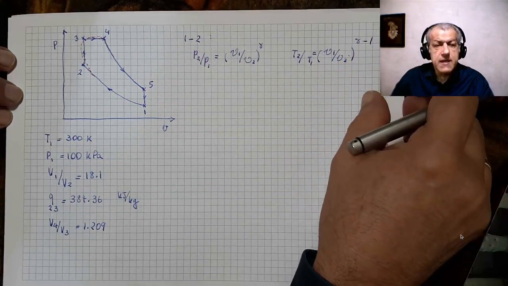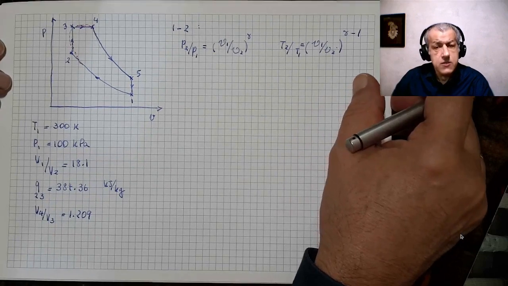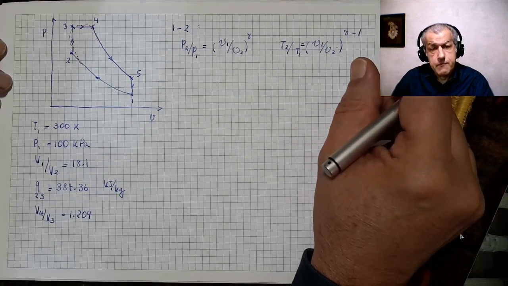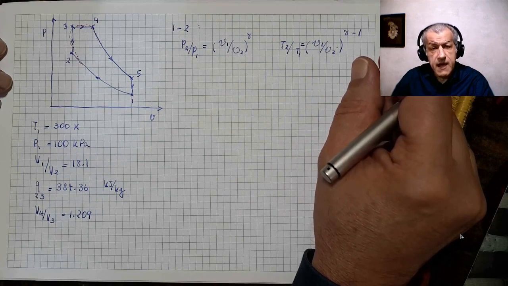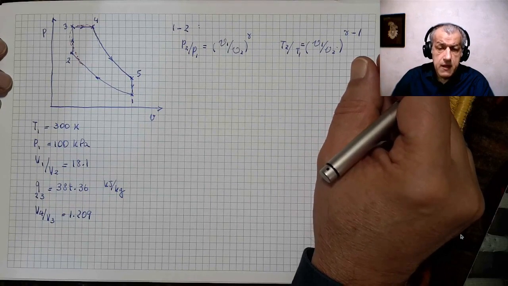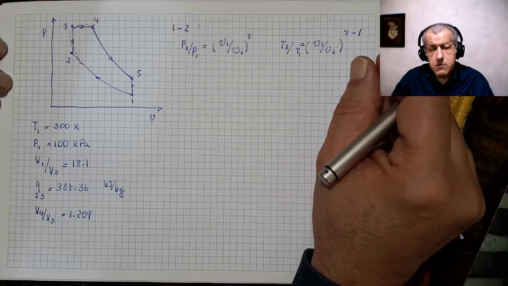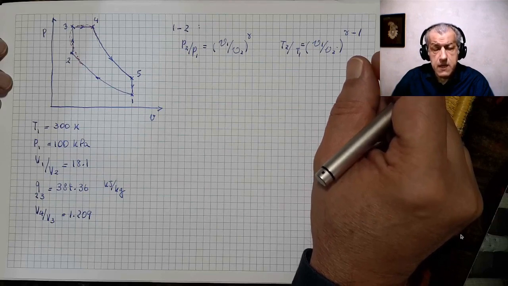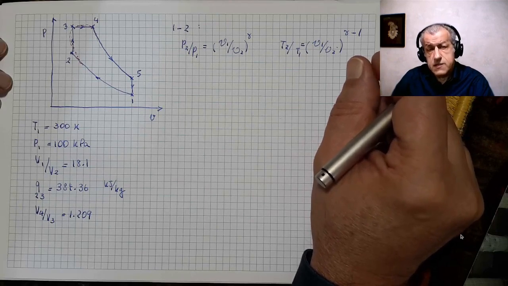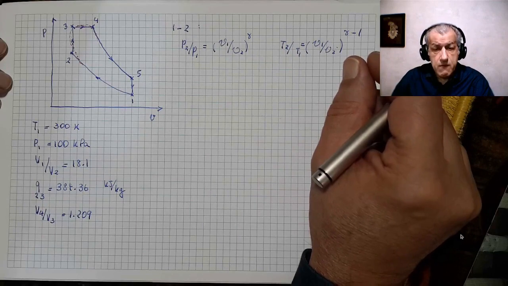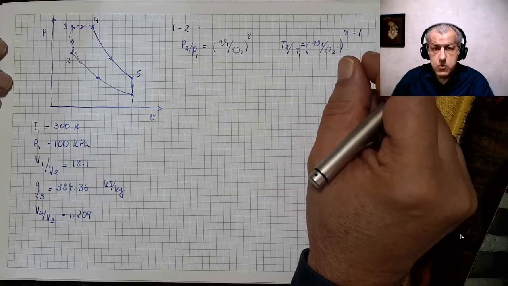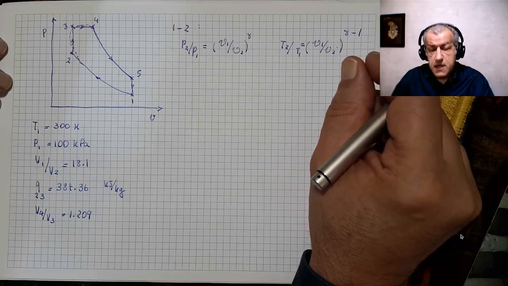This is the case if we assume that air is a perfect gas, which is good enough, but there's another assumption to it: that we assume that specific heats are constant. We shall see how far from truth this assumption is in this case.